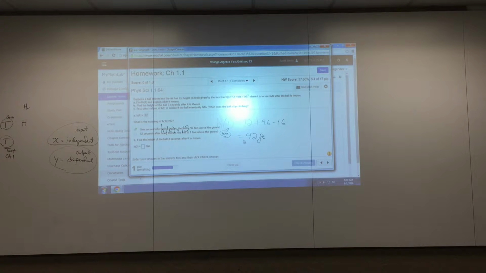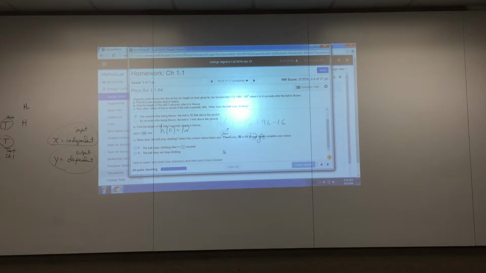Find the height after 3 seconds. Anybody do that? 156. Thank you. I'll trust you. 156. When does the ball stop climbing? Select the correct choice below, and if necessary, fill in the answer to complete your choice. The ball does not stop climbing.